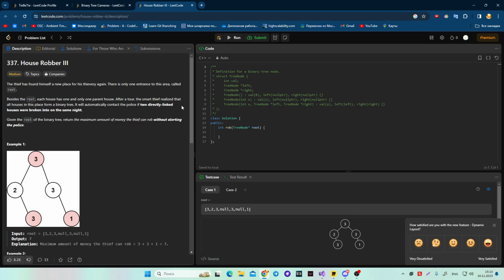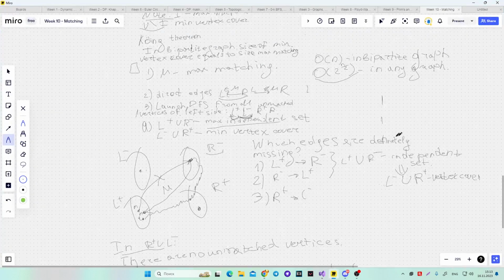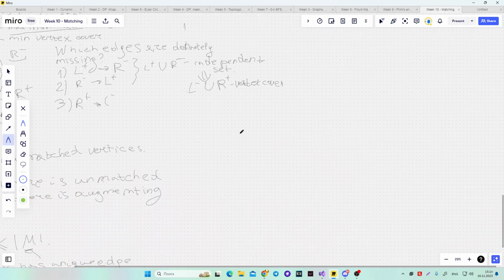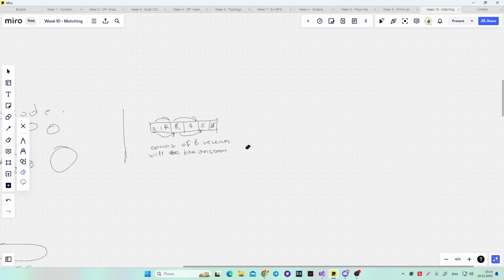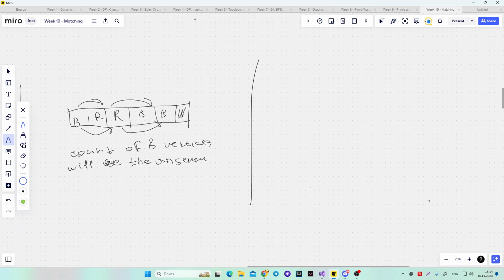We didn't consider vertex cover because we can get a minimum vertex cover, but that's not what is needed. For example, we can take this, 1 1 6, and we just mark these vertices, but this is not a vertex cover.